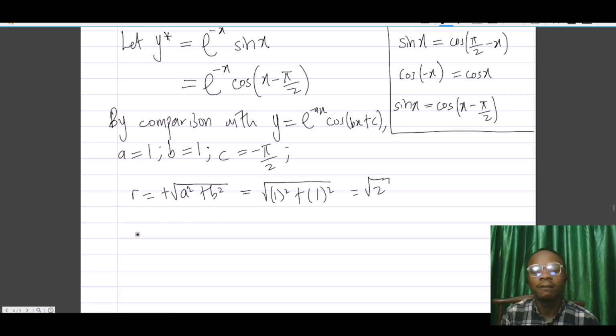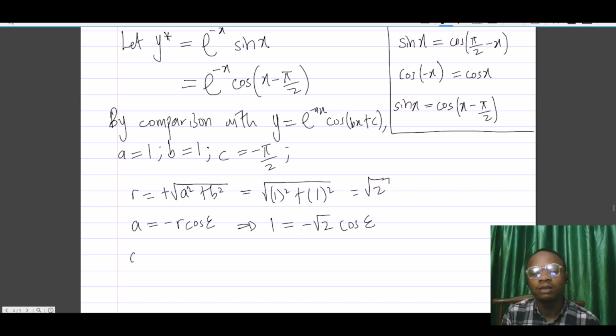And then the next one is our epsilon. So we know that a is equal to minus r cos epsilon. That's what we are given in the question. So from here, that means 1 is equal to minus root 2 multiplied by cos of epsilon.